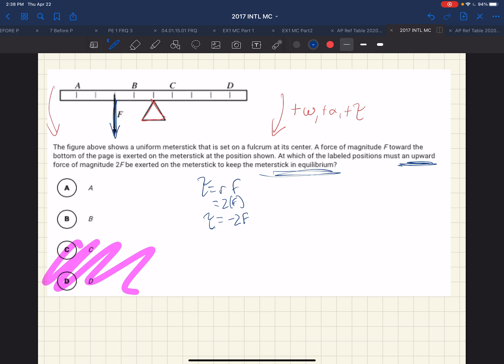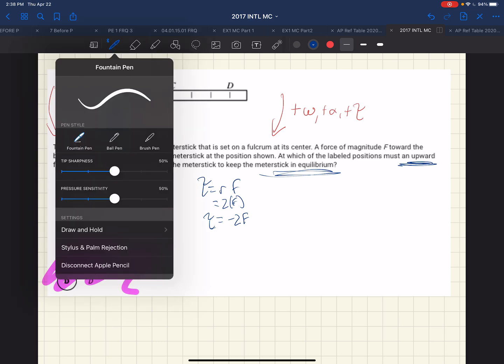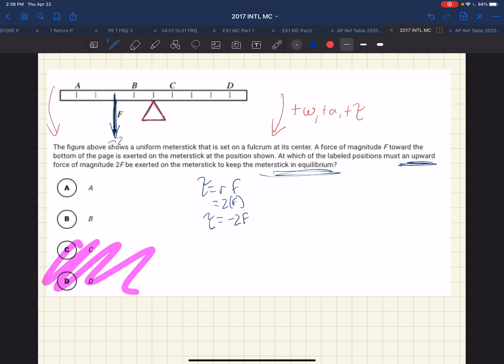So we're now going to apply a larger force. We know this has a torque of minus 2F, and so what we need is a torque of positive 2F. So the torque that we would need is RF, and we need it to be positive 2F.